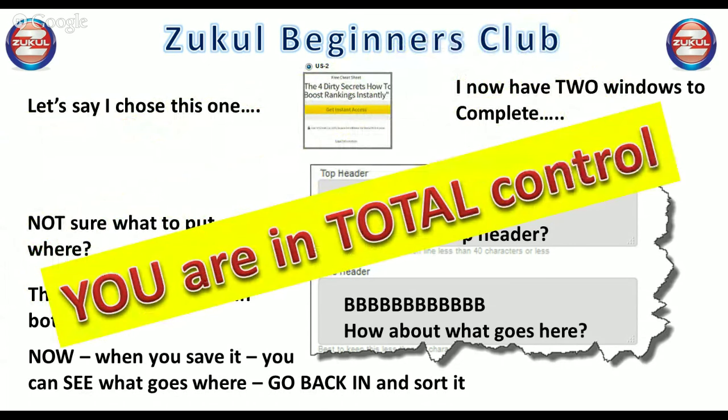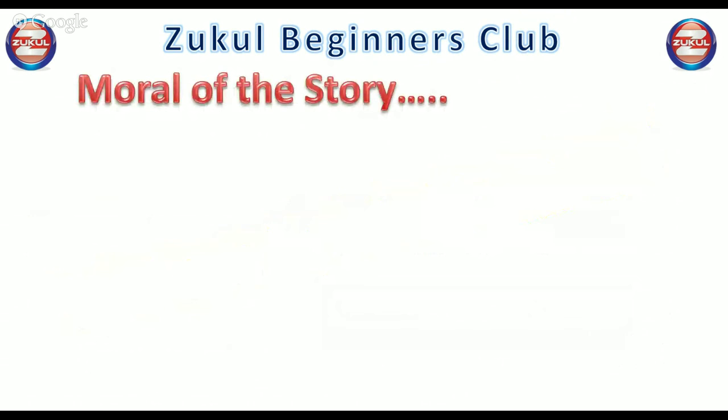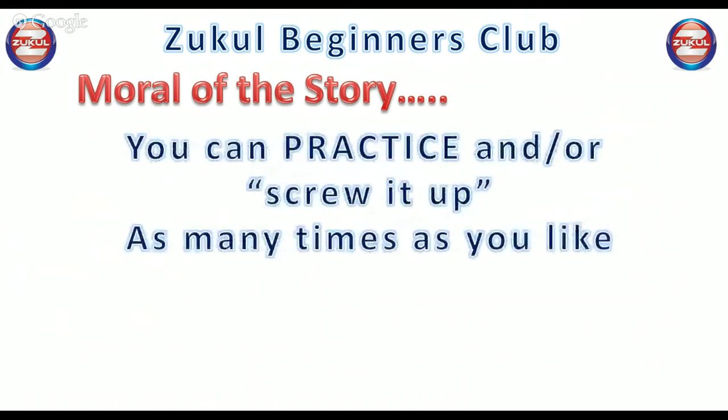Don't worry about putting the wrong bit in a particular window, because when you view it, you'll see your mistake. And you can always go back in and edit it and change it and put right any errors you have created. Okay, so the moral of the story, and it's very much the same as when I was talking about creating a Zukul blog, is you can practice and or screw it up as many times as you like.